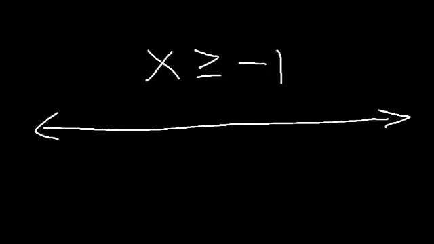Now what about this one? Let's say x is greater than or equal to -1. Feel free to pause the video, plot it on a number line, and write the answer using interval notation. So here's -1.